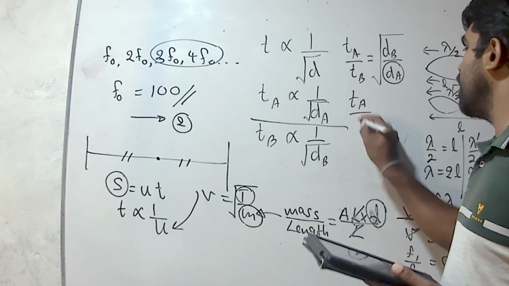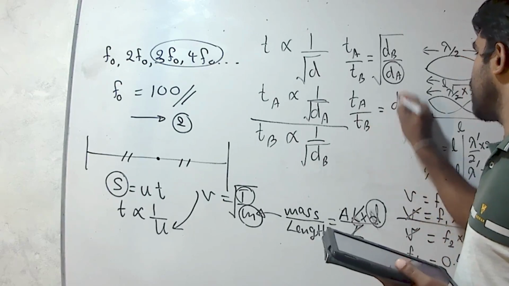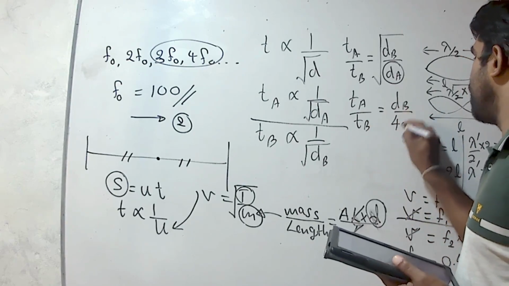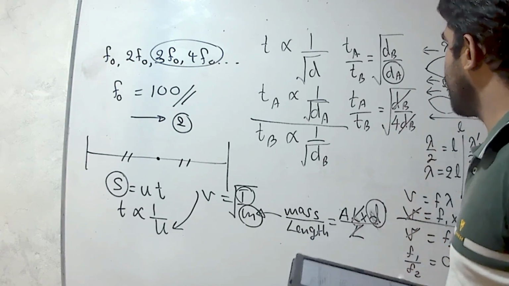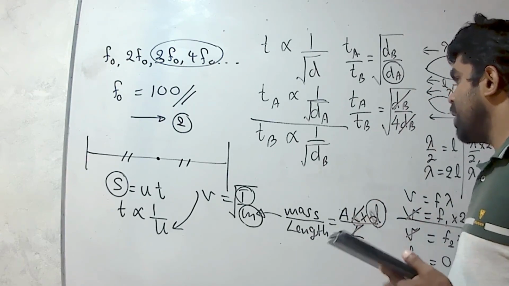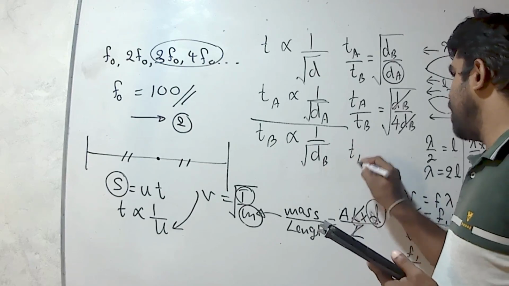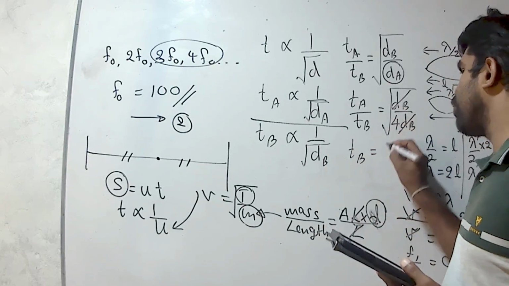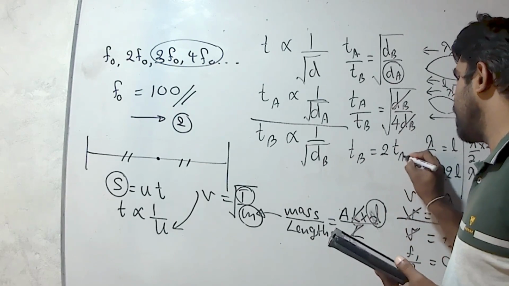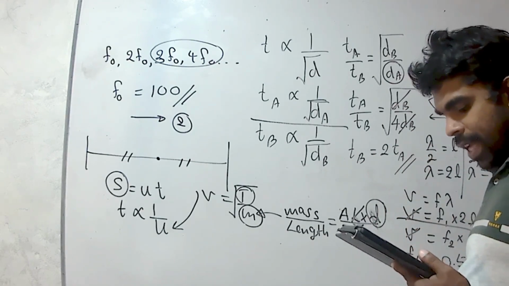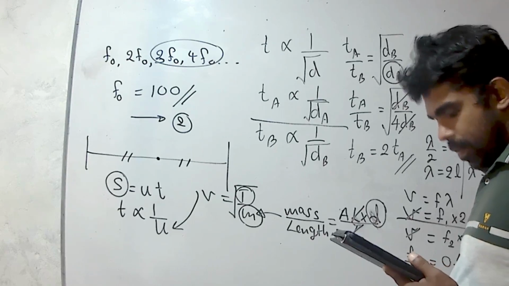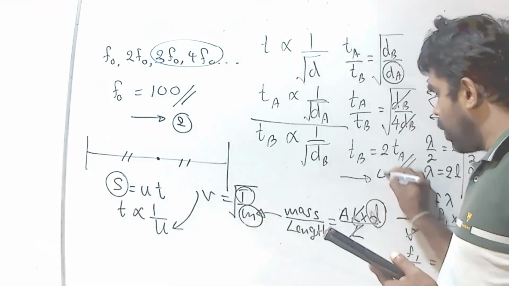TA divided by TB equals root of dB divided by 4 dB. We can cancel out dB. Then we can get TB equals square root of 4, that is 2, times TA. TB equals 2 times TA. Then answer should be 4.